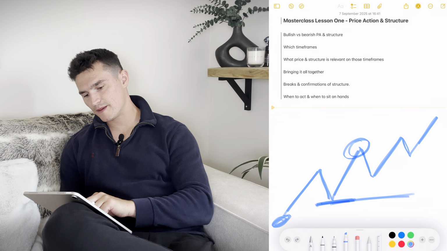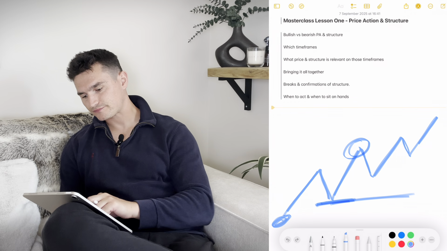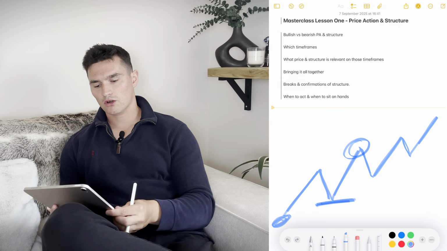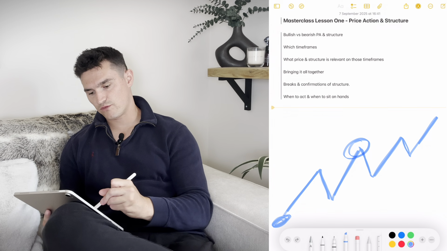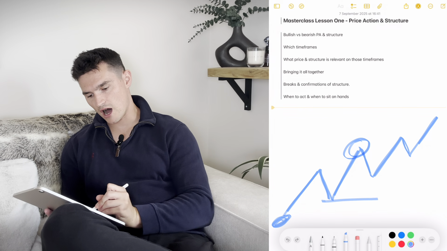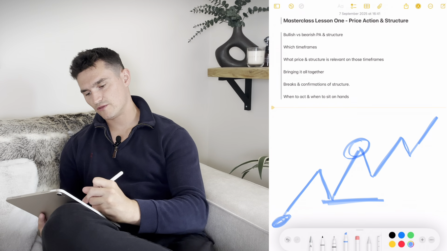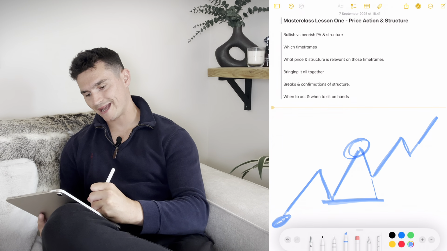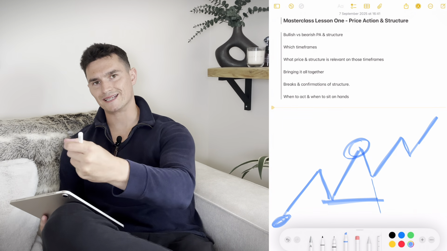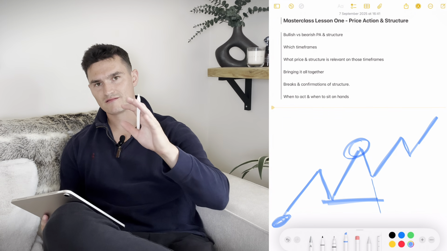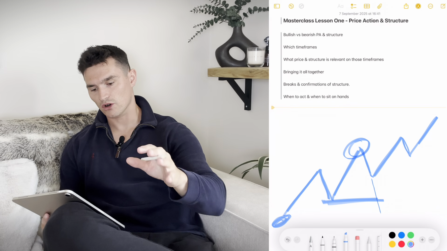Now, where a lot of people get confused here is that they think that if we wick, so let's just draw on that higher low again, if we wick down here, then that's a break of structure because we wicked past it. That is nonsense. That is not the case.